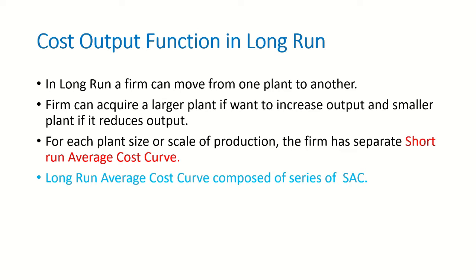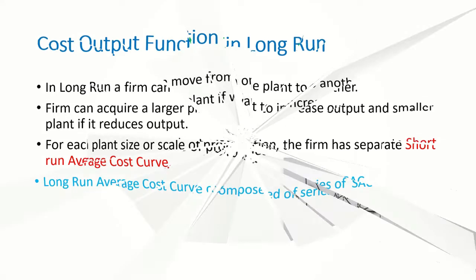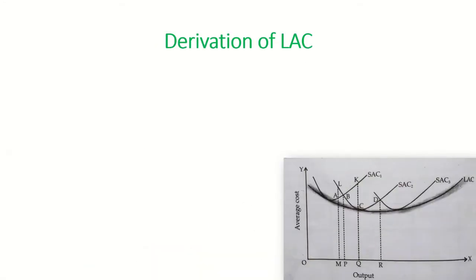In the last example we had seen three plants, and each plant has a short-run average cost curve. So for finding the long-run average cost curve, what we need is the composition of the series of short-run average cost curves. Next we are going to see the derivation of long-run average cost.